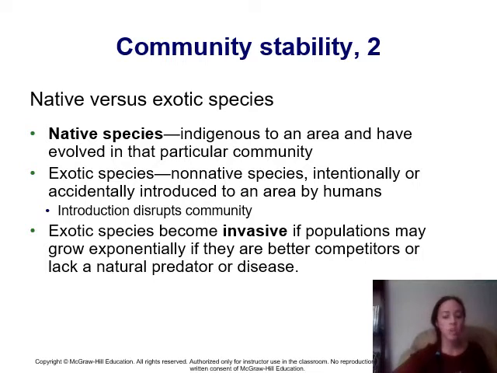Exotic species do not have an ecological niche within the environment that they are not from. If the exotic species were to move in, it would compete with the native animals for food and habitat. Because the exotic animal has no natural predator in the area, the exotic animal then could greatly increase.